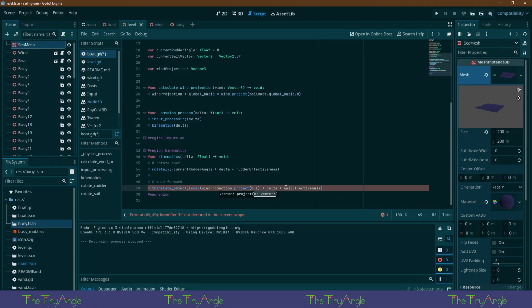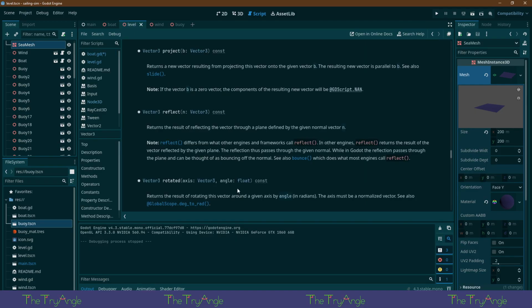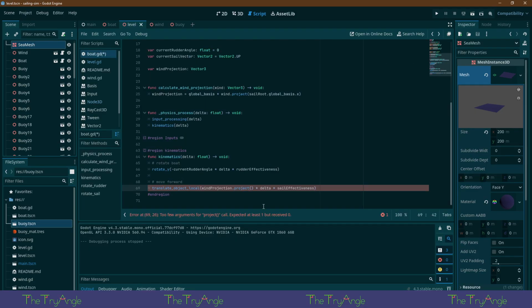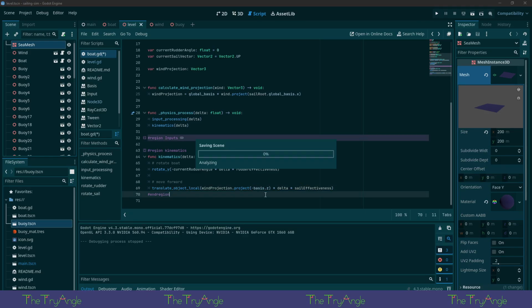In fact, if it's just the Z basis, it should just be the Z direction. And I'm wondering if project is just too much. Like, is it cheaper just to turn it into a vector? Here, we'll do this for now. And we're going to say the negative Z.